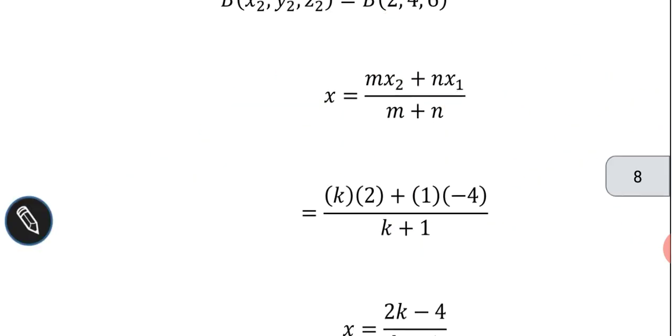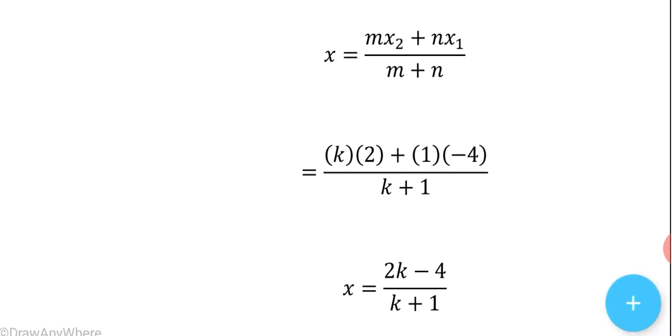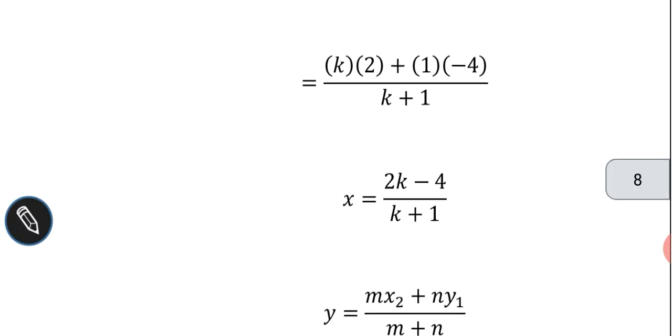So that is equal to (k into 2, plus 1 into -4) divided by k plus 1. So x equals (2k minus 4) divided by (k plus 1).